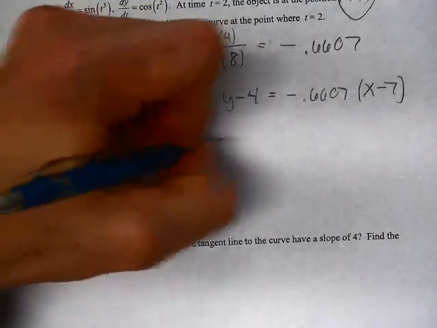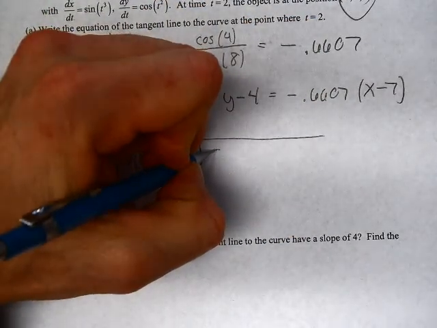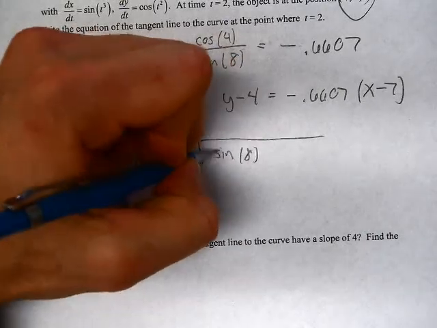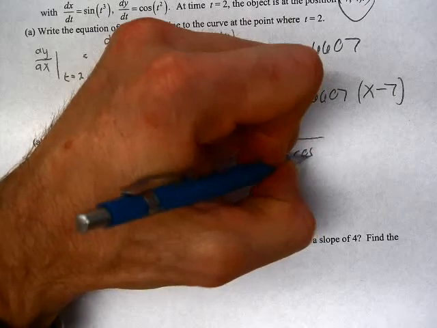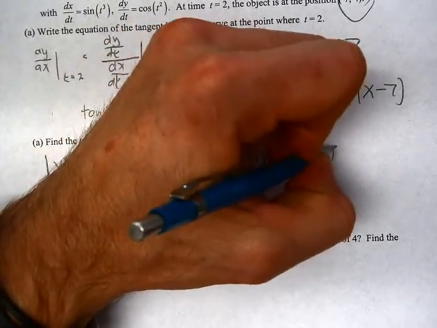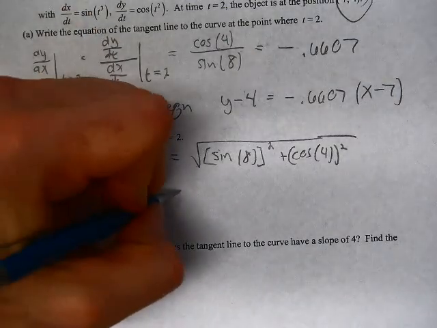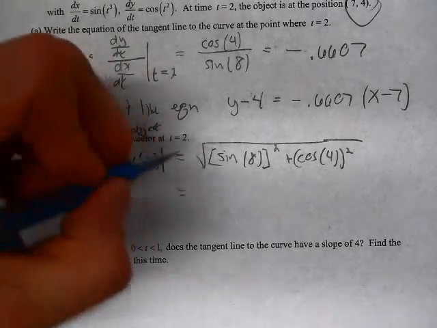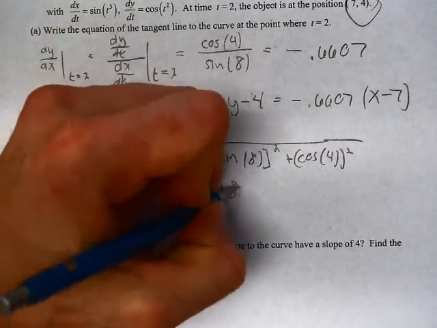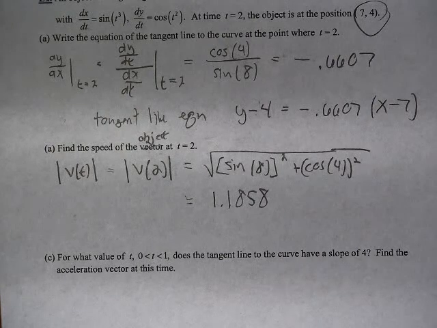That's just equal to the square root of sine of 8 squared plus cosine of 4 squared. Again, we plug that into the calculator and round off to 3 or 4 decimal places. 1.1858 is the speed, which is again the magnitude of the velocity vector.